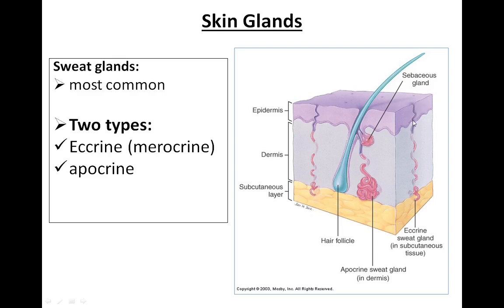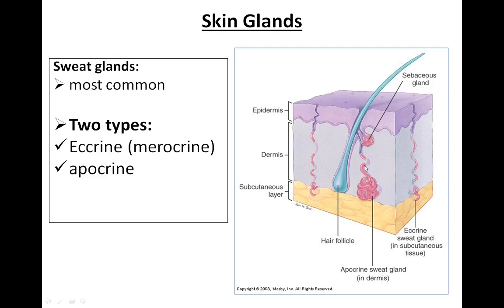Whatever secretion is produced in this secretory part, which is present in the hypodermis, is poured through this duct and ultimately reaches the surface and drains over the surface of the skin. But in the case of the apocrine type of gland, the secretory part is present in the deep part of the dermis, that is our reticular part.